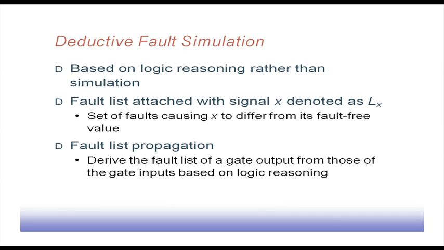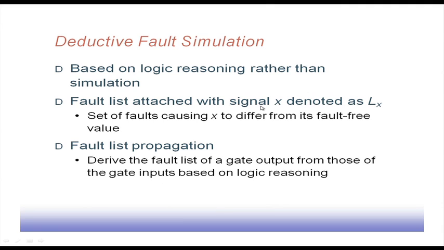Next, we look into another fault simulation strategy, which is known as deductive fault simulation. It is based on logic reasoning rather than simulation. We are not really simulating the circuit, but doing some logical reasoning over the test patterns and fault list. What we do is, a fault list Lx is attached with signal x.